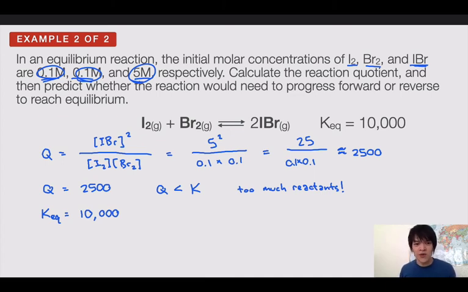And let's think about this. If there's too much reactants, how do we get to equilibrium? Well, the equilibrium wants to make more products. If there's too much reactants, we need to make more products. So it has to shift towards the forward direction. The reaction has to progress forward instead of reverse. So progress in forward direction.